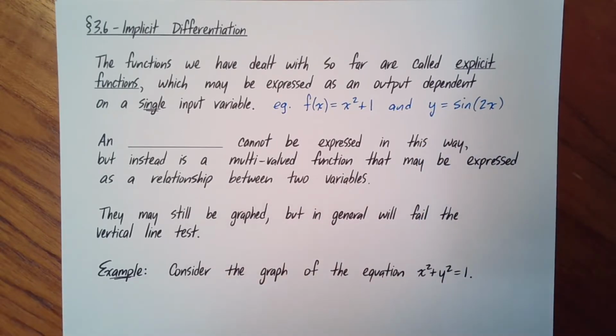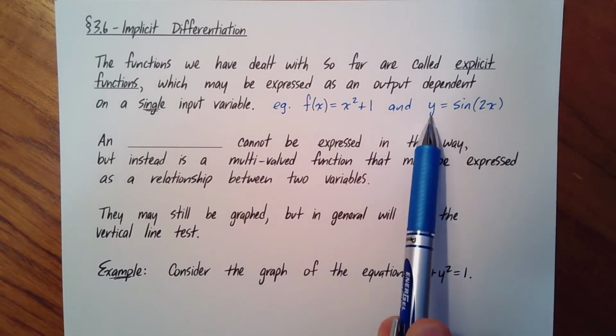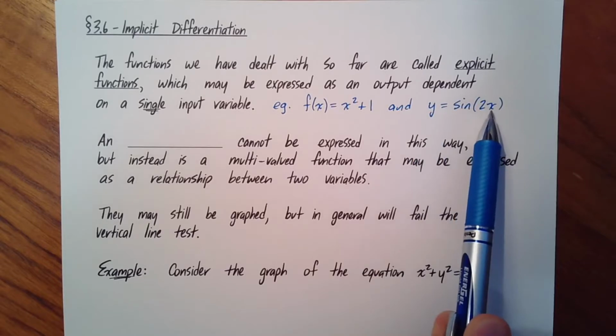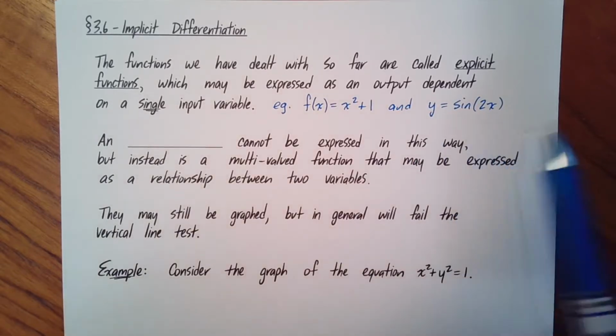So those are explicit functions. And I know I'm being repetitive here, but if you glazed over on everything I just said, the most important thing is that with explicit functions, you have an output variable which is dependent only on a single input variable. That's really what it comes down to.